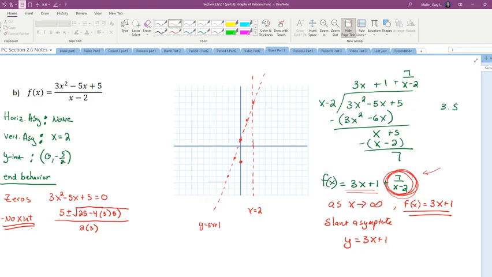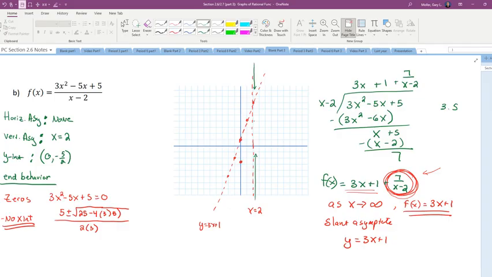So, keeping in mind the behavior at a vertical asymptote, stay with me. At a vertical asymptote, I either have to be coming up the vertical asymptote or coming down the vertical asymptote. So we've got one of those two scenarios. The other issue is I have my slant asymptote.